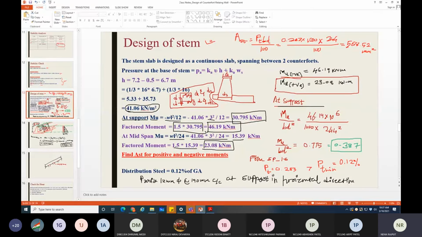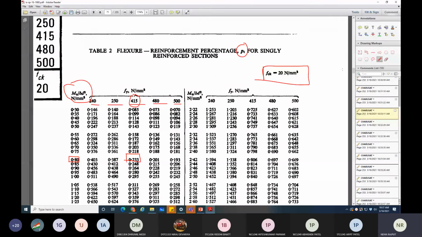Now your Mu upon bd square is 0.387, that means you can consider this 0.40. So your percentage steel is 0.114. Right. So this is 0.114.